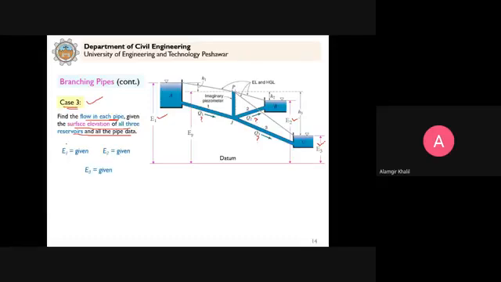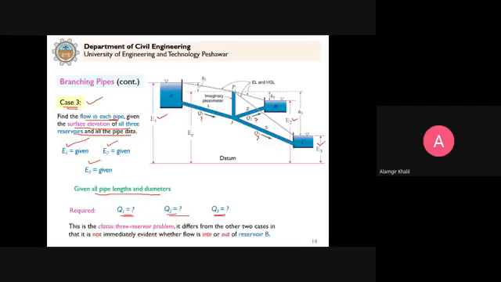Now we are given E1, E2, E3, and all the pipe lengths and diameters are given, and it is required to calculate Q1, Q2, and Q3. Now we have to calculate the discharges in all the 3 pipes. So this is the classic 3 reservoir problem.